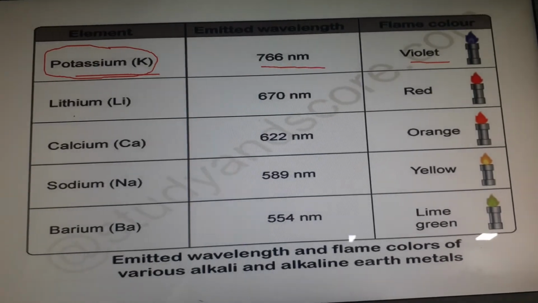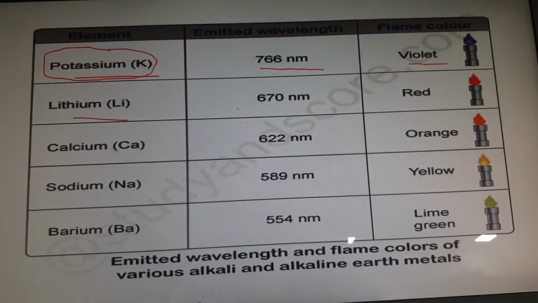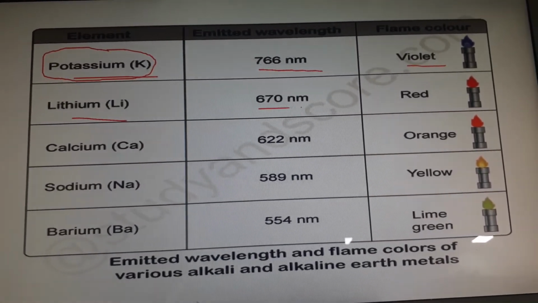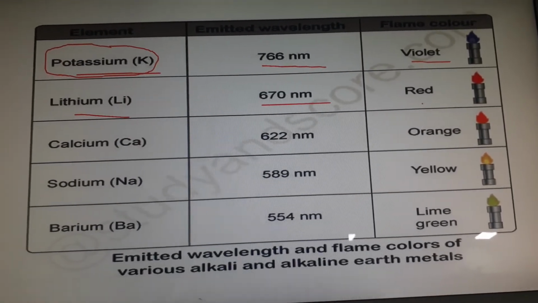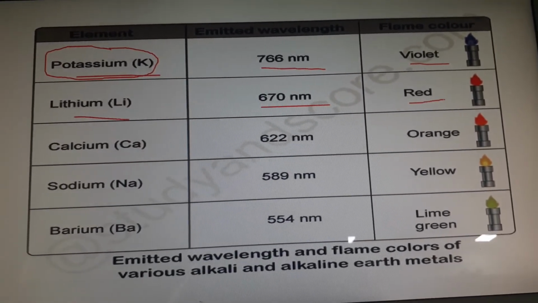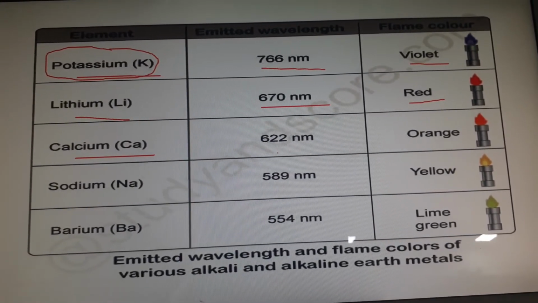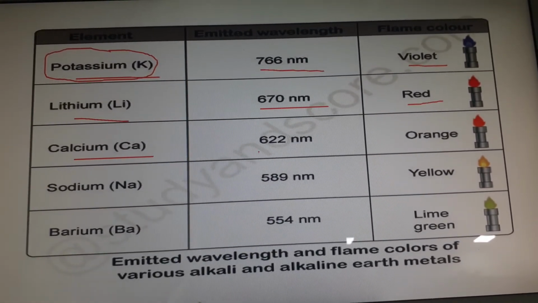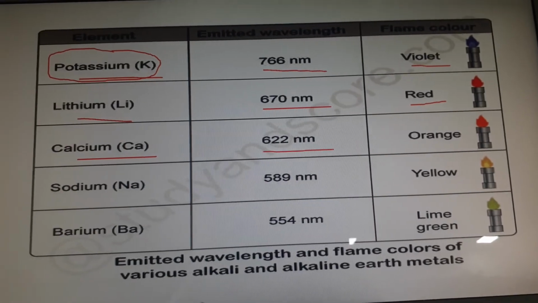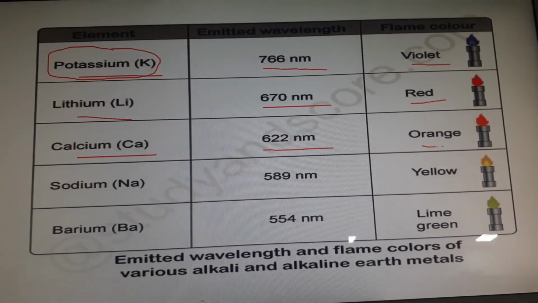Same goes for lithium. Lithium emits photons at a wavelength of 670 nanometers, and the flame color changes to red. If calcium is present, calcium will emit photons with a wavelength of 622 nanometers, and the flame color is orange.